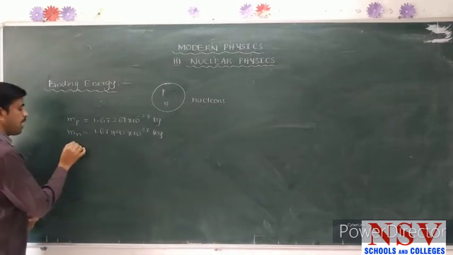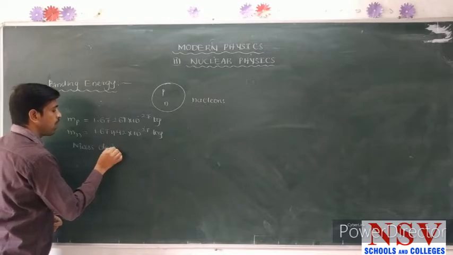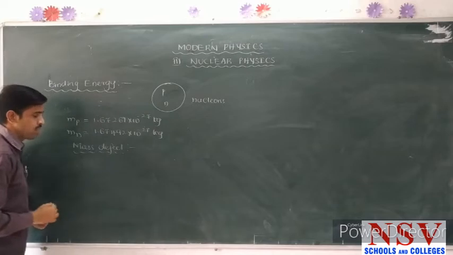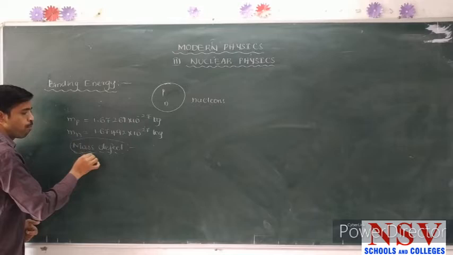Now, when the nucleus is decomposed into two different types of particles, some amount of energy is lost. This loss is represented as the mass defect.